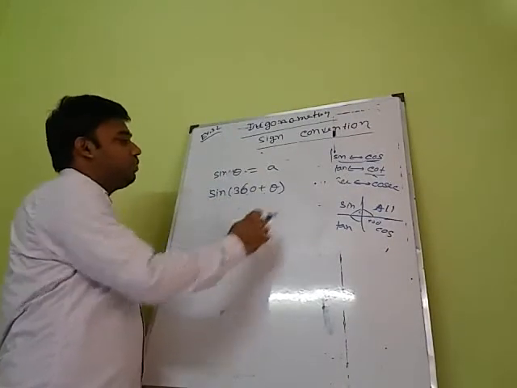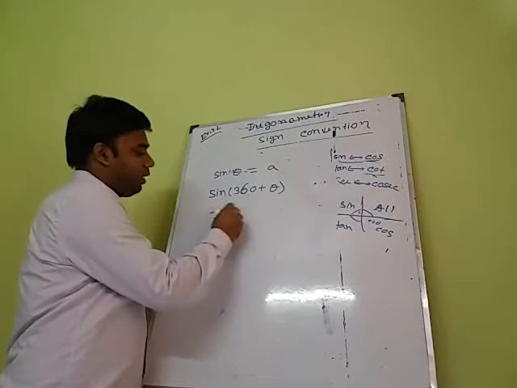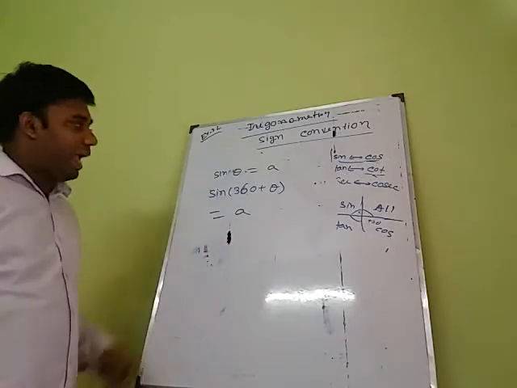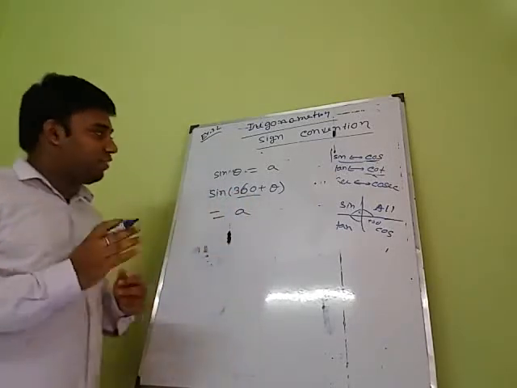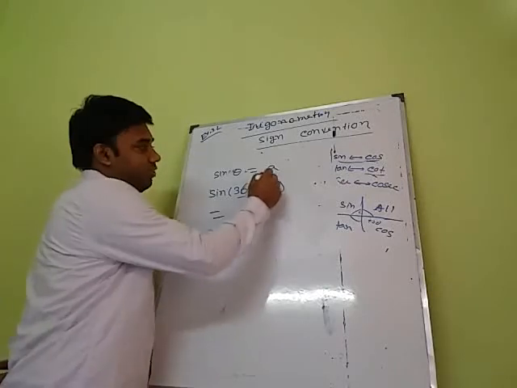Now sine of 360 plus theta should be a. Okay. Adding 360 degree doesn't have any effect on its value.